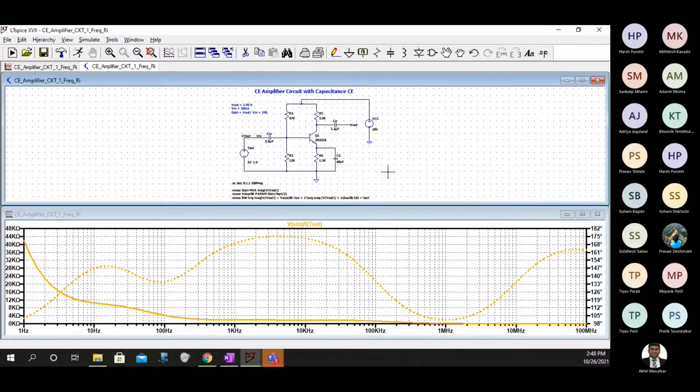So you just make it linear, and you can see the value here, okay, which is like this.